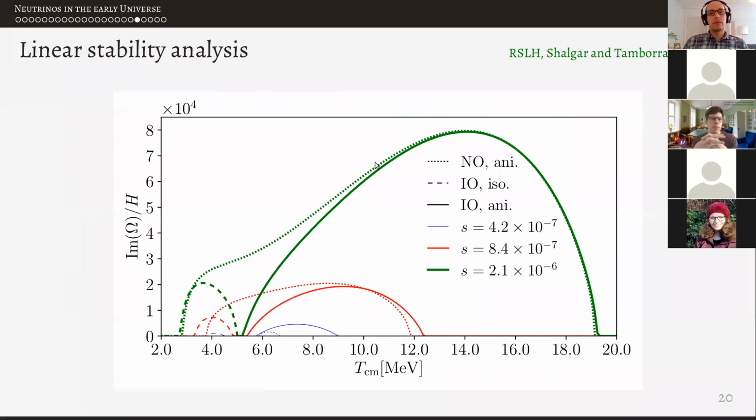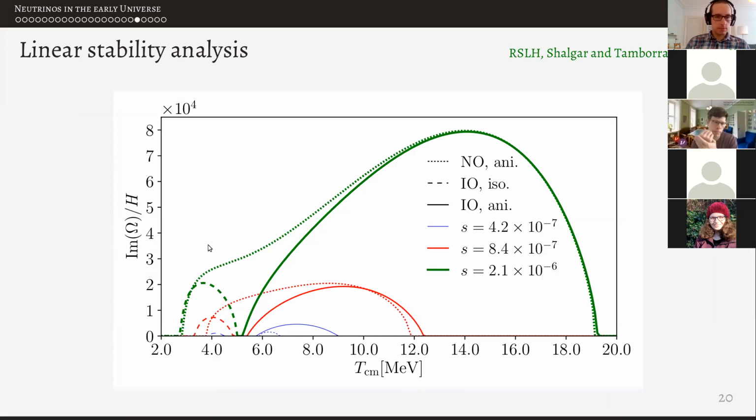Okay, let's start with this one. What I show here is the growth rate, the exponential growth rate. You can see that the growth rate is normalized to the Hubble expansion rate, and the numbers are huge.